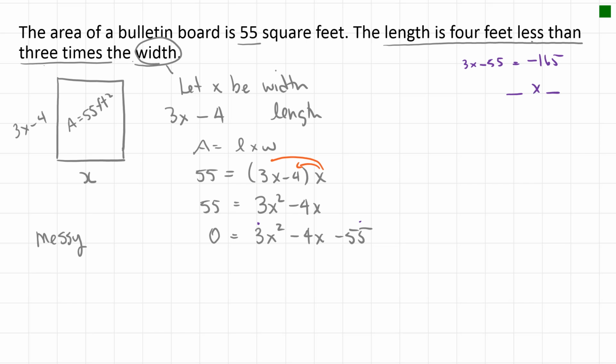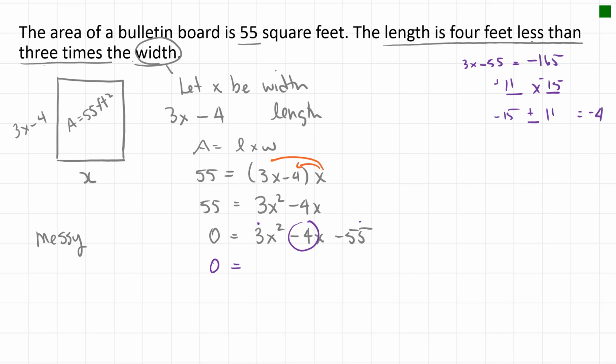And try a bit of trial and error, and hopefully you'll see that 11 times 15 gives me 165, and I want a negative 165, so one of these has to be negative, and they have to add to give me negative 4. So that means negative 15 times positive 11. So negative 15 plus 11 is also negative 4 from here.